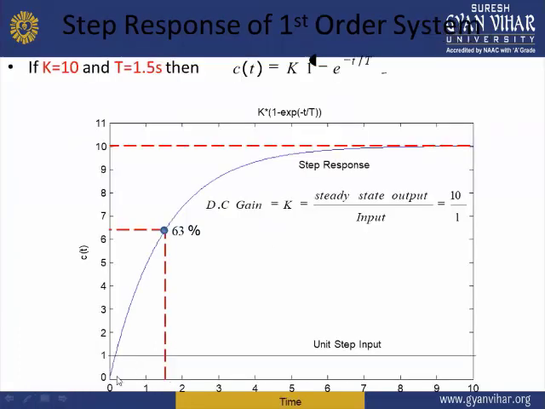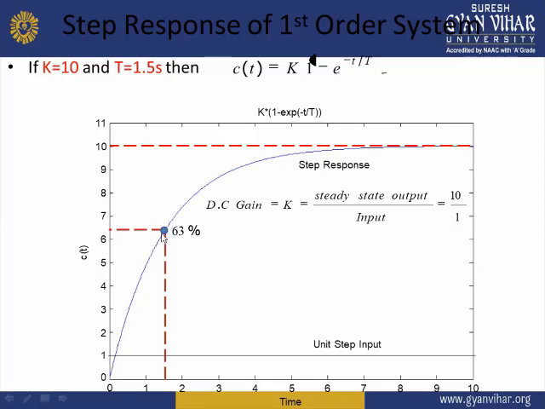Look at this plot. This is the plot of the response for the step input, in which you are getting the 63% over here, at the time constant value.